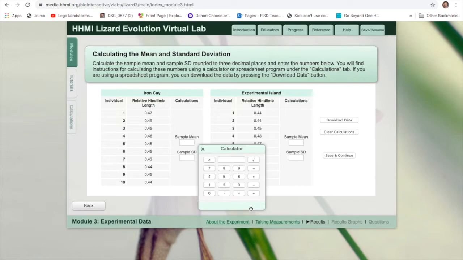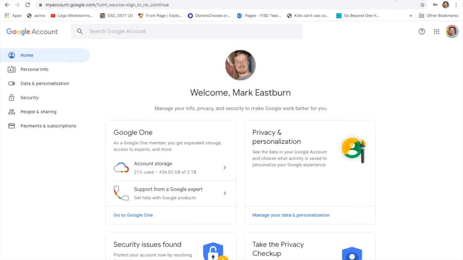Okay, now that I've read this, I can see that we're going to calculate the means. My suggestion here is to open a Google Sheets.